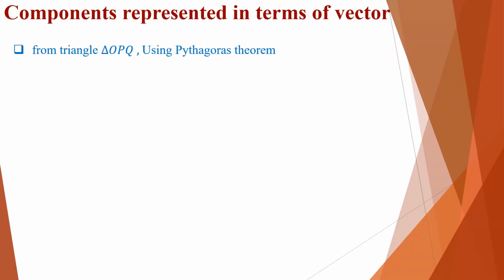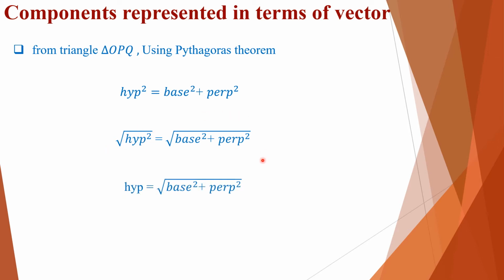From triangle OPQ, using the Pythagoras theorem, hypotenuse square is equal to base square plus perpendicular square. Taking square roots on both sides, on the left hand side the square is cancelled with the square root and we get hypotenuse is equal to under root base square plus perpendicular square.